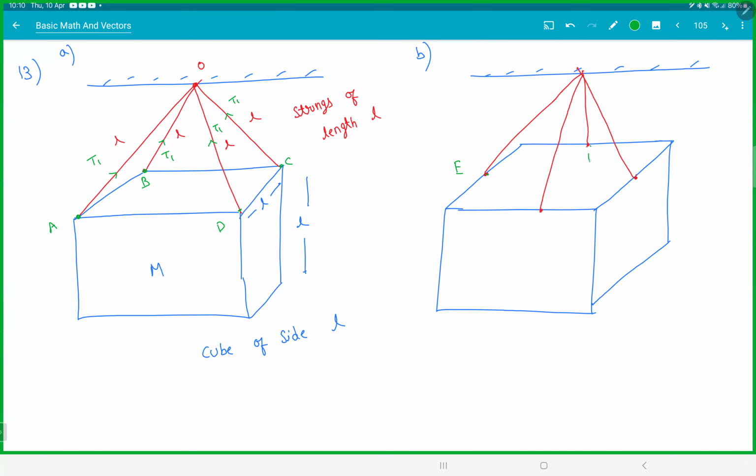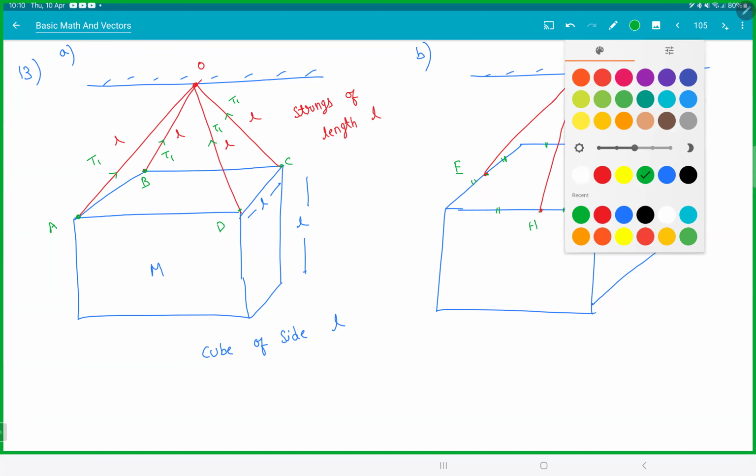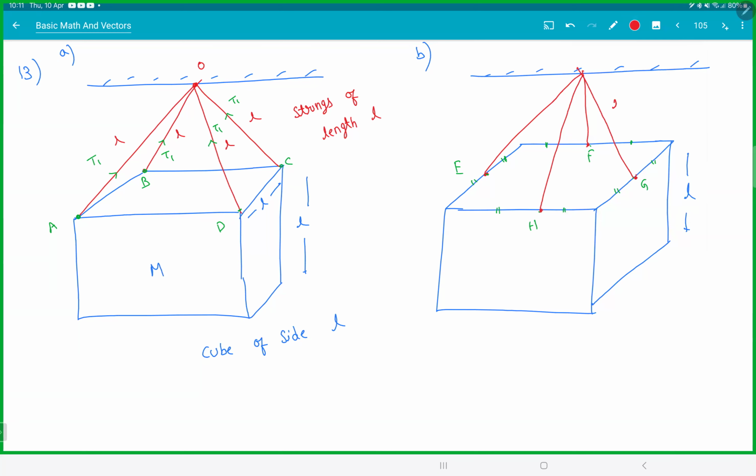So E, F, G, and H, the midpoints. Same question: same cube, same length, everything is the same, so these strings are also length L. But in this scenario, the tension is different. This is T2, T2, T2, and T2. So if you connect at different points, the tension changes. Same mass. Find T1 and T2.